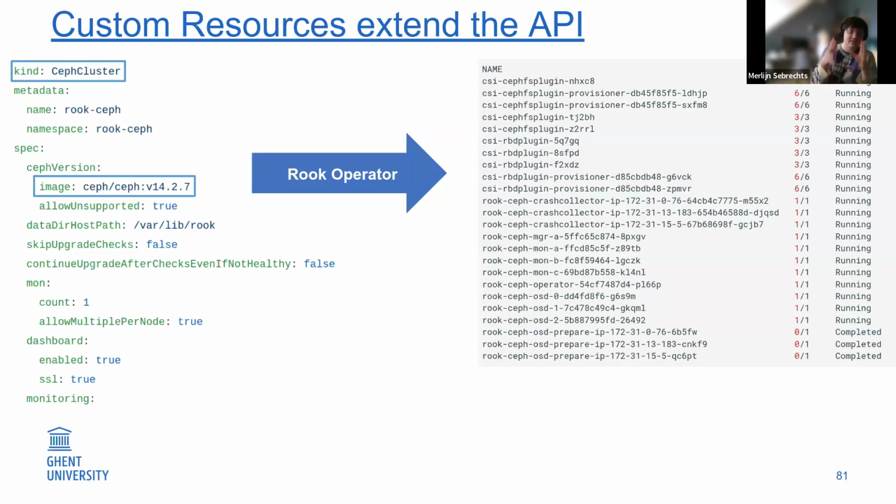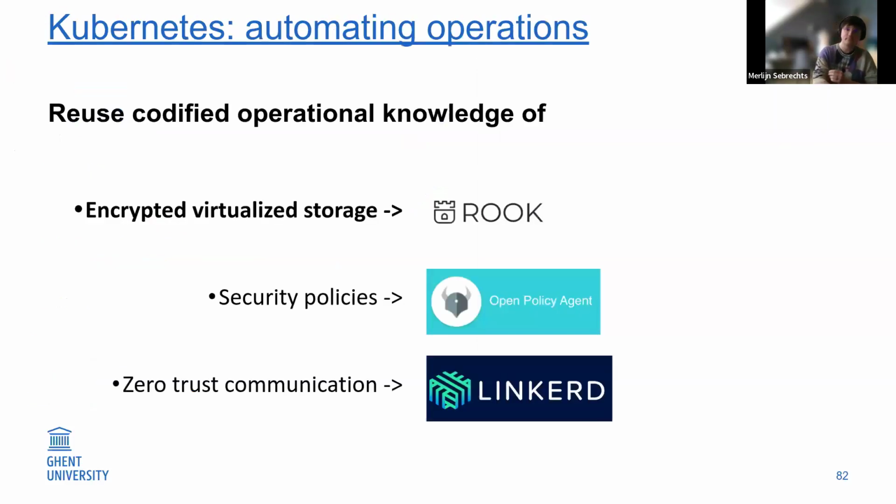And then when you specify the Ceph cluster in your desired state model, it will deploy all these pods and containers and services in order to have an actual Ceph cluster inside of your Kubernetes cluster. And this basically is slowly turning Kubernetes into the default platform for automating operations.